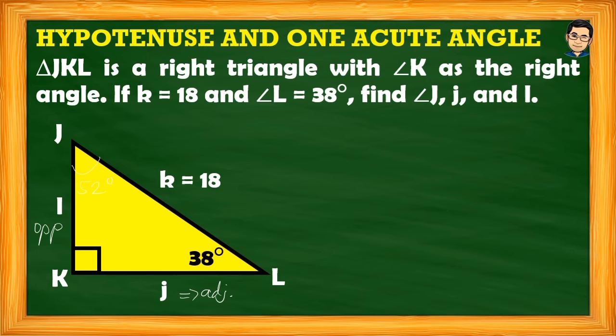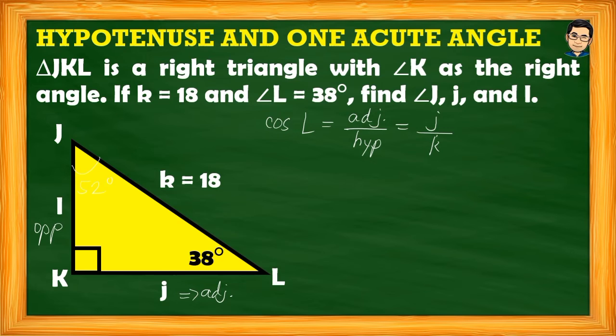So, paano natin makukuha yon? Gamit po tayo ng trigonometric ratio which is cosine. Kasi ang cosine L is equal to adjacent over hypotenuse. Yun yung J over K. So, dito, given naman yung sukat ng angle.